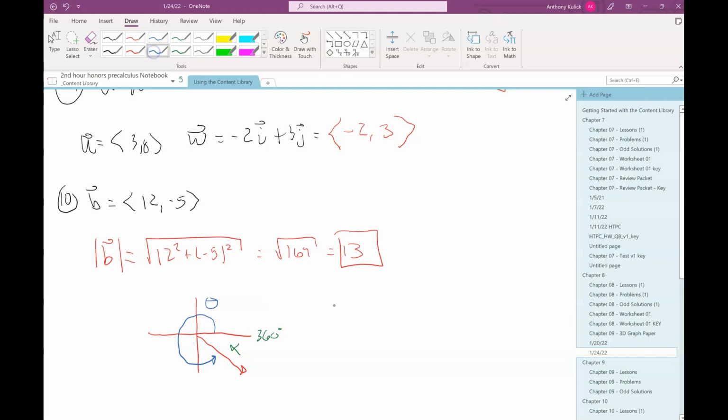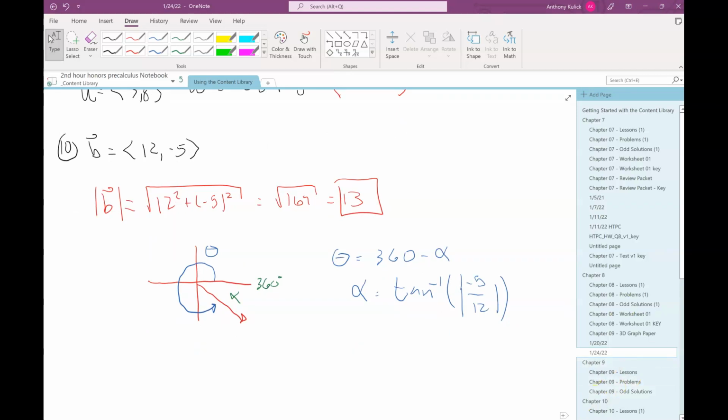So we can say that theta is equal to 360 minus alpha. And alpha is just the tan inverse of the absolute value of y over x.